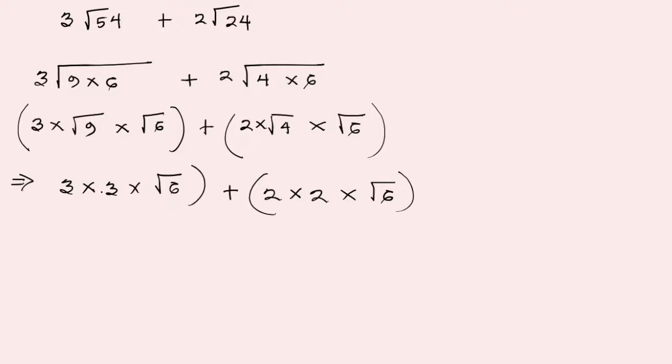So if we combine this, 3 times 3 is 9 root 6, plus 2 times 2 is 4 root 6. Now these are like terms, root 6 and root 6, and we can combine them. So 9 root 6 plus 4 root 6 is 9 plus 4, and that would yield 13 root 6.